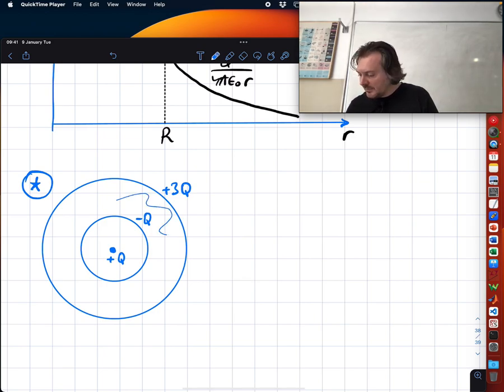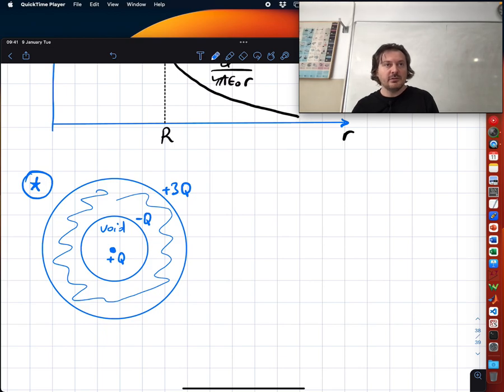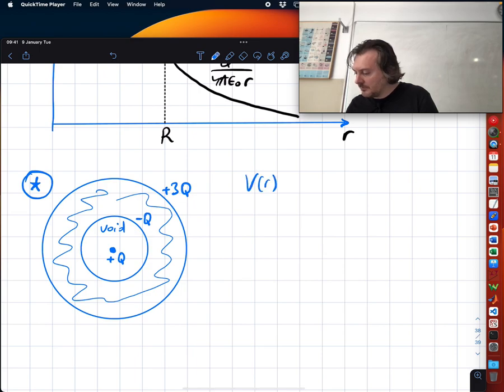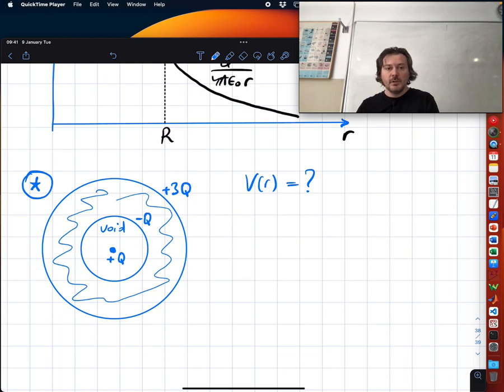This part is fully material, this part is void, and inside there's a point charge. The question is, find the potential everywhere. But this brings us to the formula being changed at each region.